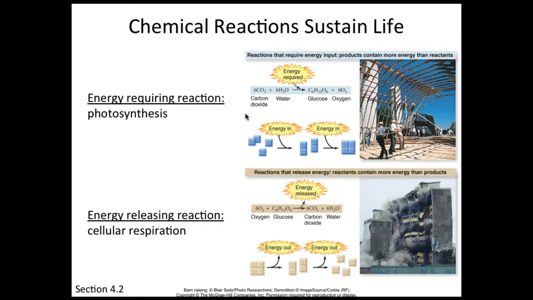It shows us that energy is required to build those sugars in photosynthesis. Cellular respiration is an energy releasing reaction because we're going to take those sugars and break them apart, and in the process, create energy in the form of ATP that can be used to do cell work.